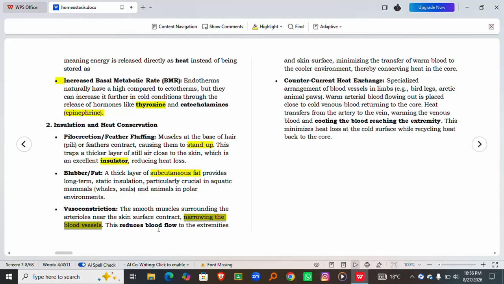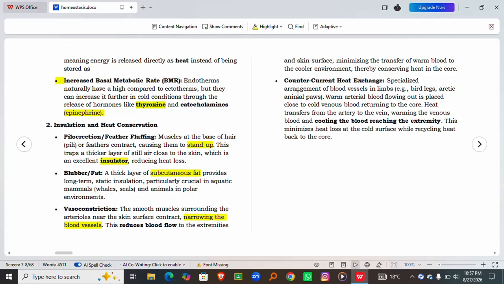This ensures that there is reduced blood flow to the skin or to the body extremities like the ears, the arms, and the legs. So you realize that there is less blood flowing. The less the blood volume that flows to these parts, the less the heat that is going to be lost from the body through those parts.